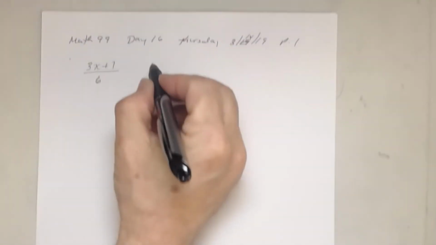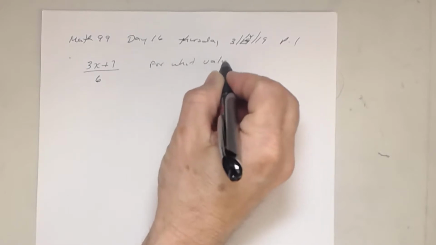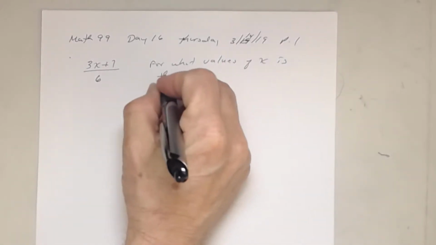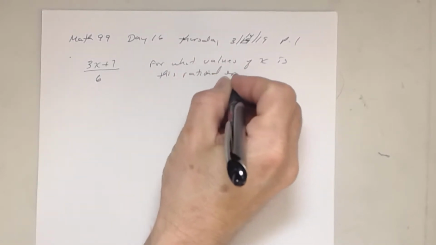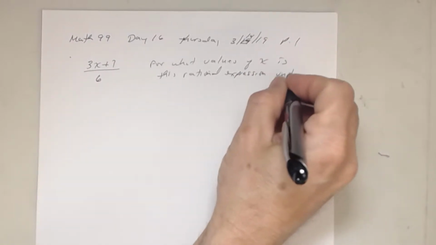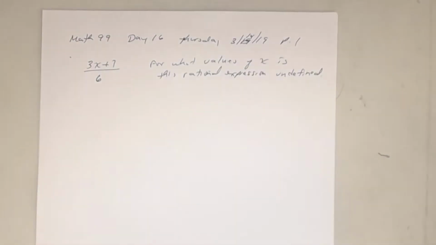Okay, so for what values of x is this rational expression undefined? The denominator is equal to 0.